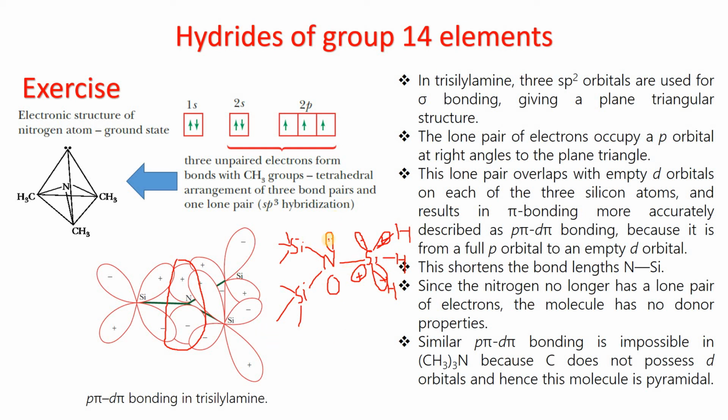So the electron transfers from here to here. Similarly, the electron will transfer here, and similarly here. So this lone pair is engaged with all three silicon atoms. Consequently, this silicon-nitrogen bond has a double bond character. There is no single bond, so it becomes short in nature.